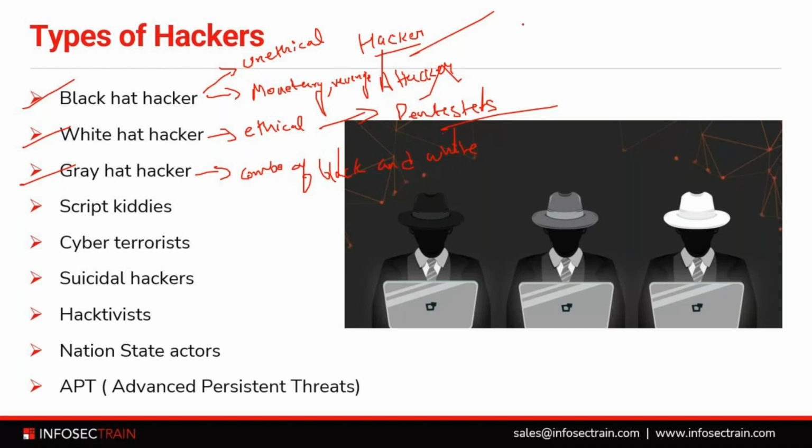When they are doing the hacking, they are not asking for the permission. So that's a characteristic of a black hat, right? But once they find out a vulnerability, they will report that vulnerability. That's the characteristic of a white hat, right? So these are the traits.